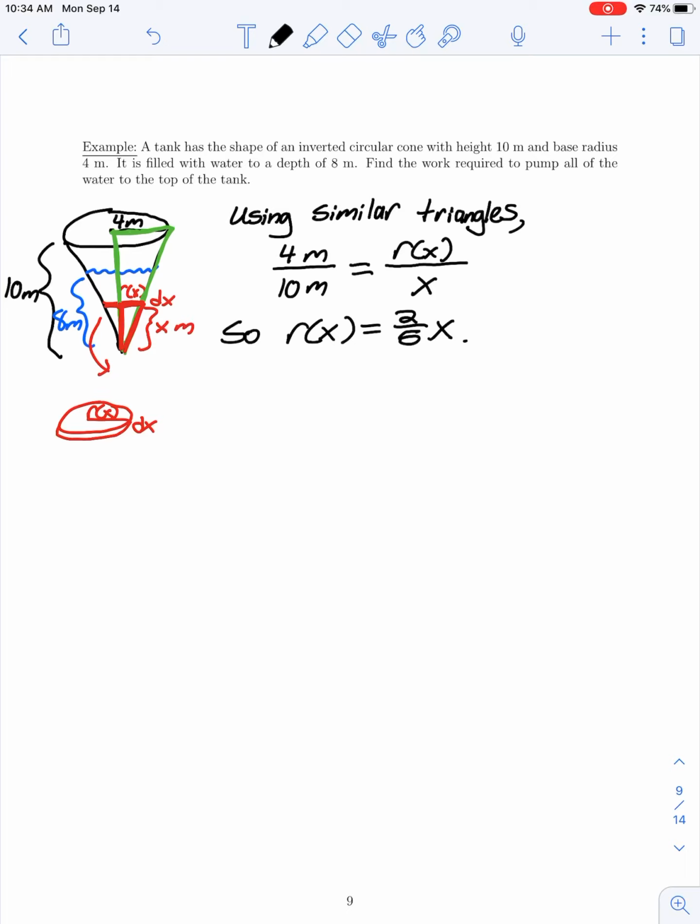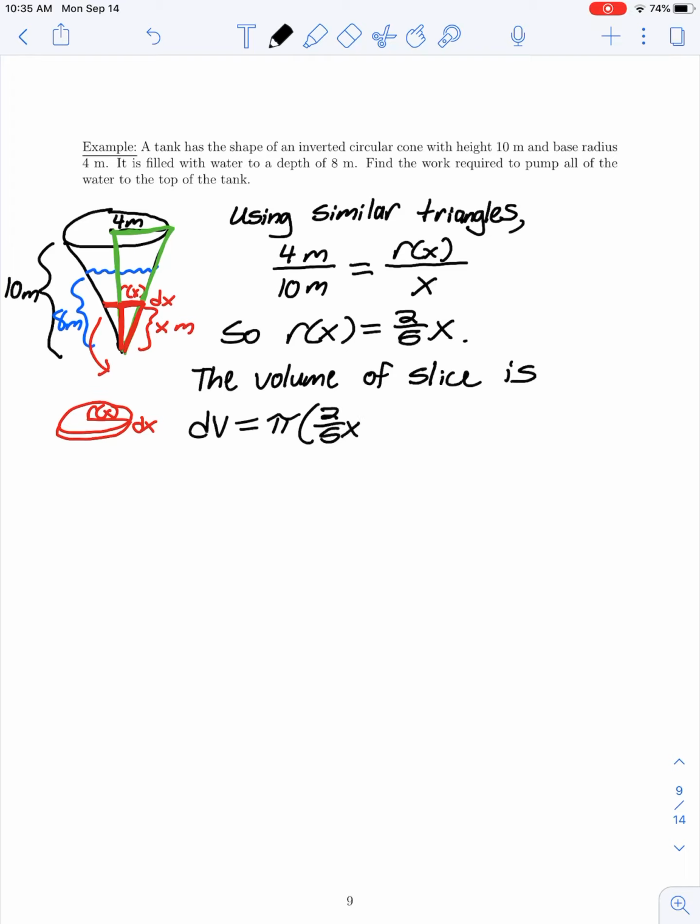So let's see what the volume of our little slab of liquid is. So here, the volume of our slice is dV. So the volume of this little disk shape would be given by the area of our base, which was the circle, pi r of x squared.